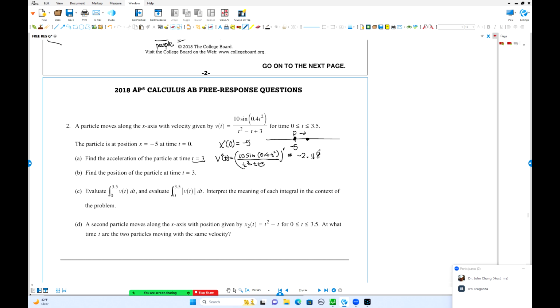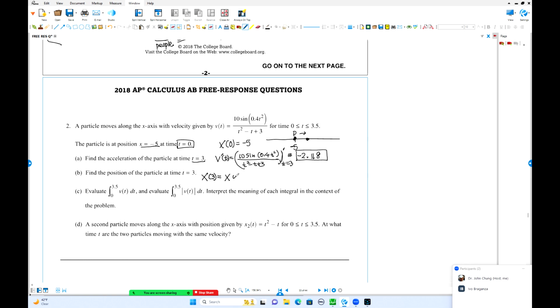All right. This one from here, t equals 3. You got this number, that's fine. Now find the position of the particle at time t equals 3. What is the position? The first one, at time t equals 0, is at negative 5. So the position at t equals 3 is how much?